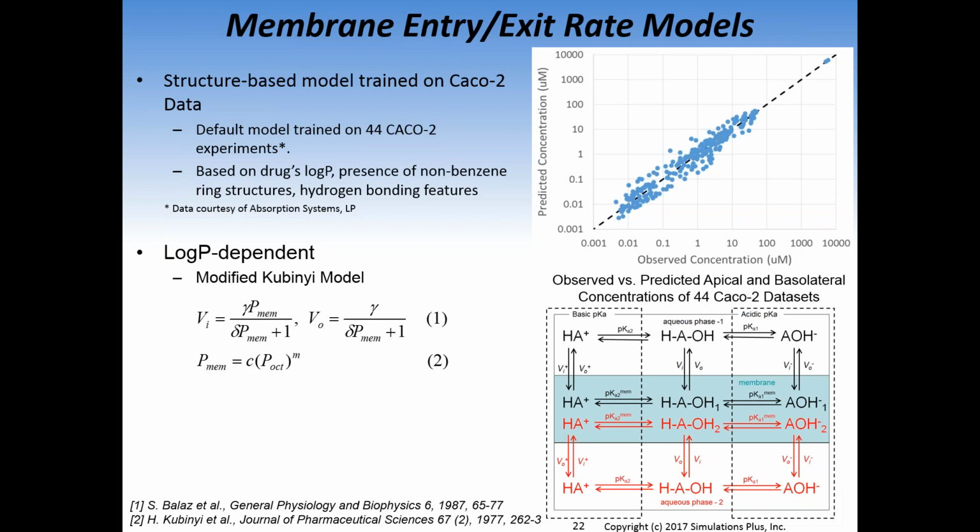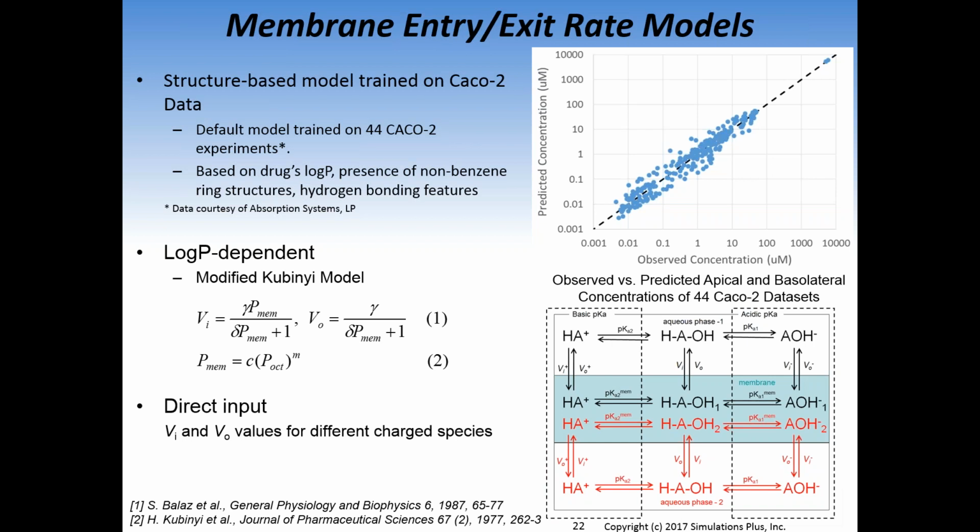Maybe they have different log Ps, but you can fit the model parameters gamma and delta, C and M, and then model the input rate of the drug into the membrane using that model. But it works well for congeneric series of molecules. Direct input: you can also just specify these values yourself or optimize these values as you see fit using data.